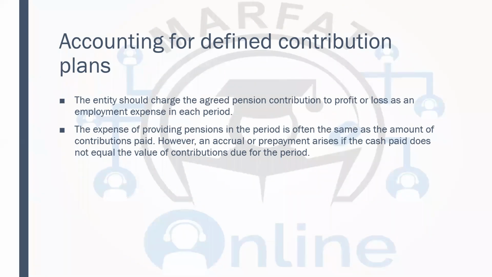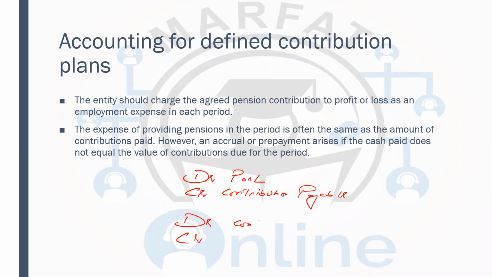Now, accounting for the defined contribution plans, that is simple. First of all, you're going to record the expense: debit profit or loss, credit contribution payable. And once these contributions are paid, debit contribution payable and credit bank.